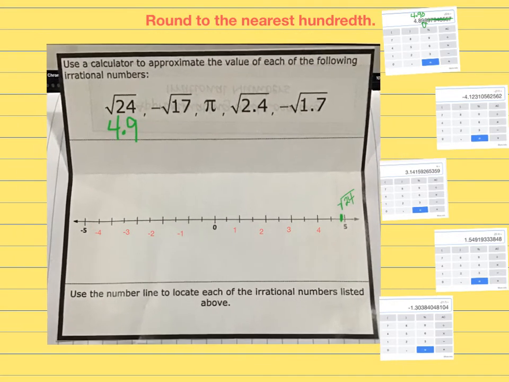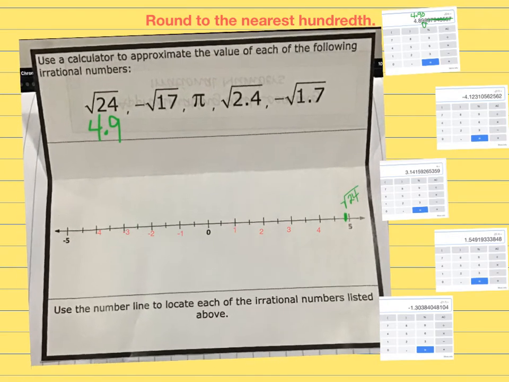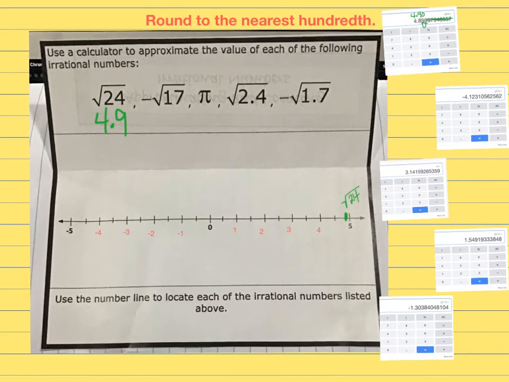I also added those extra numbers on my number line in red at the bottom, so you can add those as well, just so you know where you're going.